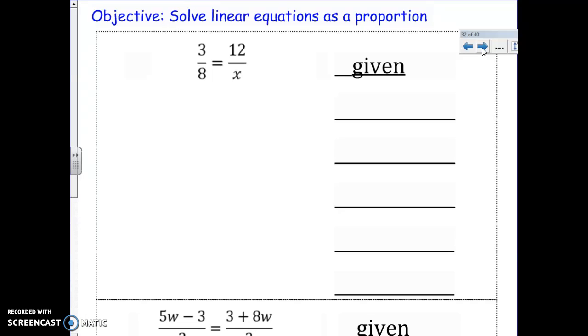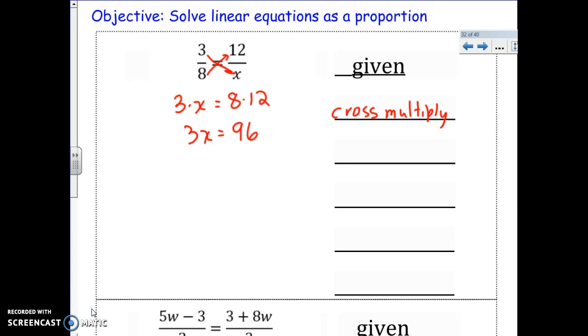I have another example here. This example has an x in the denominator, but because I have two ratios set equal to each other, I can cross-multiply again, and I get 3 times x equals 8 times 12, which simplifies to 3x equals 96.